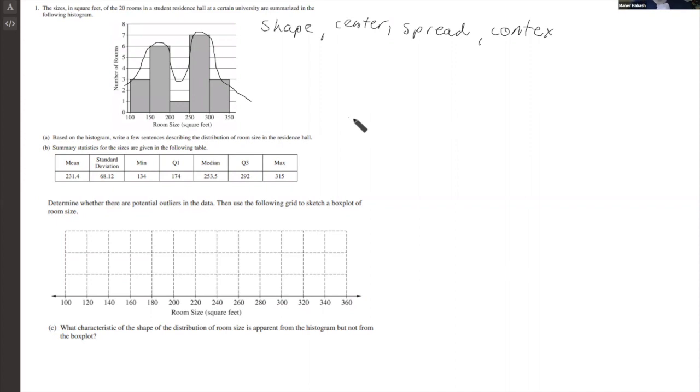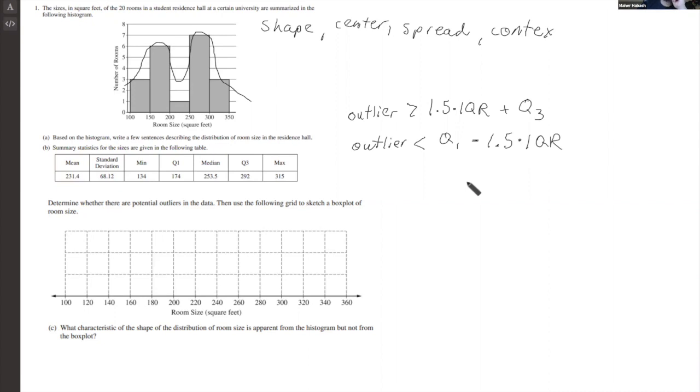An outlier will definitely be bigger than 1.5 times the interquartile range plus the third quartile, or an outlier will be smaller than the first quartile minus 1.5 times IQR.